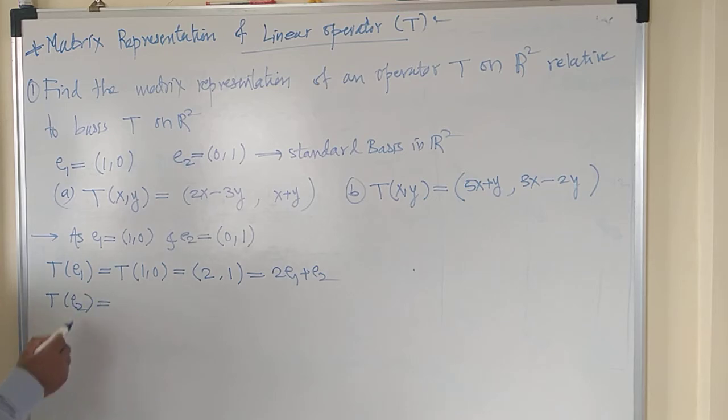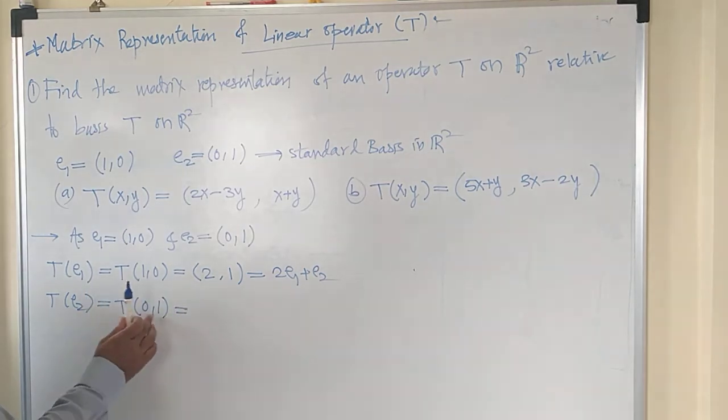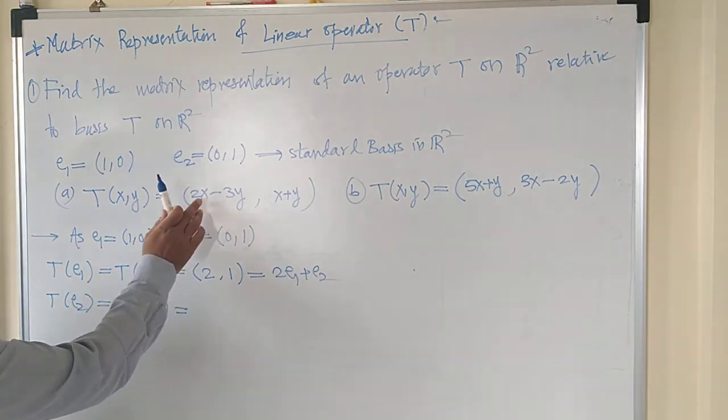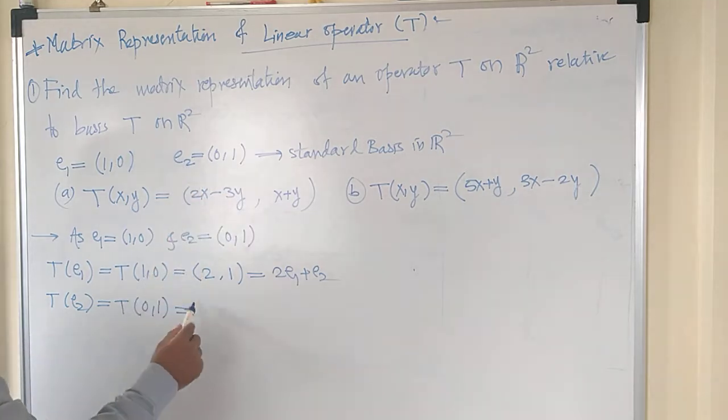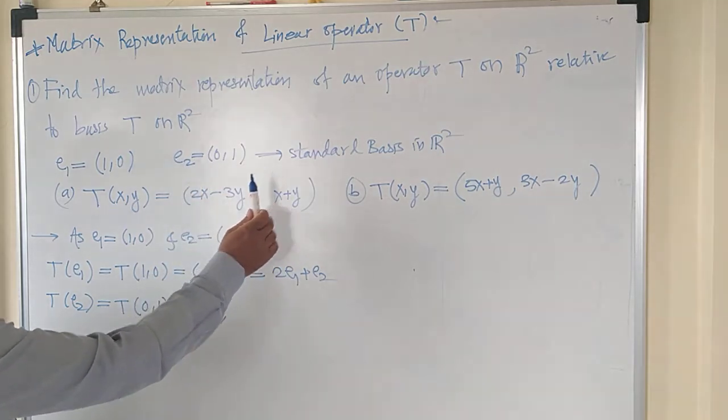So T operated on E2 gives T(0, 1). Now put these values of x and y into the relation. 2x minus 3y gives minus 3, and x plus y gives 1 only.